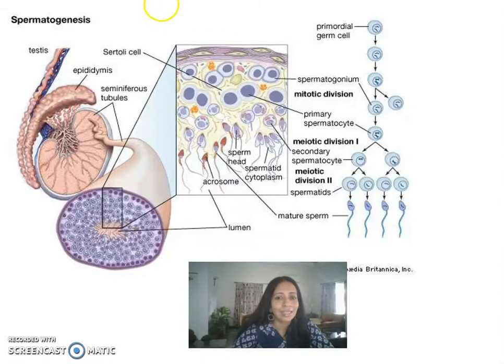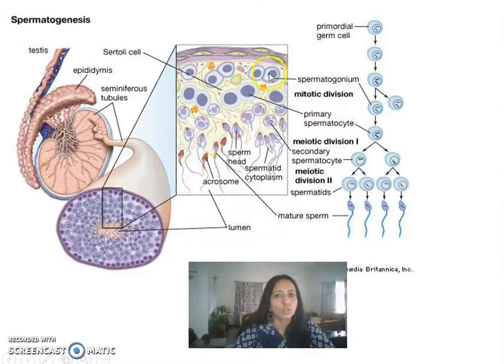This is a difference from oogenesis, the formation of egg, which you will be reading later. That starts at the fetal stage, but spermatogenesis begins in human males at puberty only. When a male reaches puberty, these spermatogonia start multiplying, and on multiplication they form primary spermatocytes, by normal mitotic division.